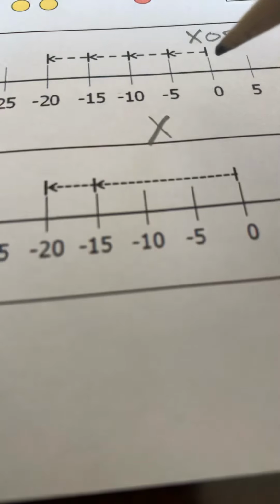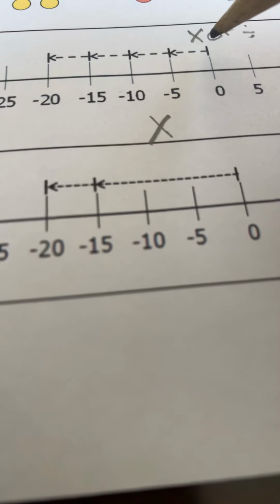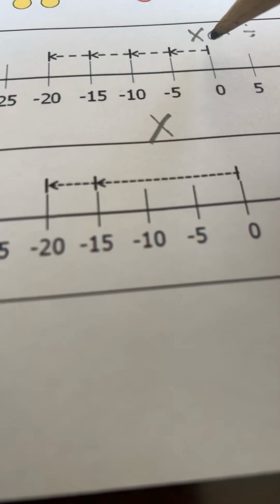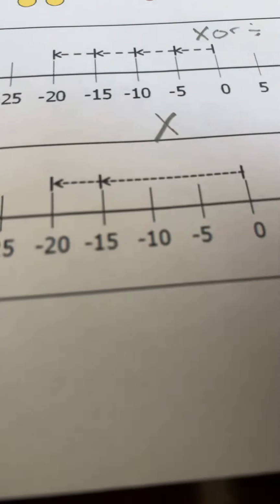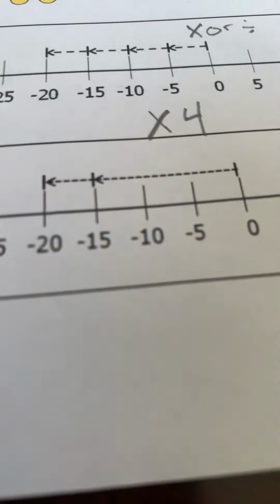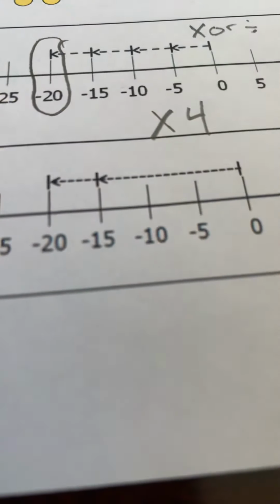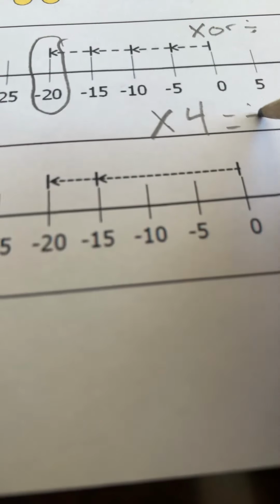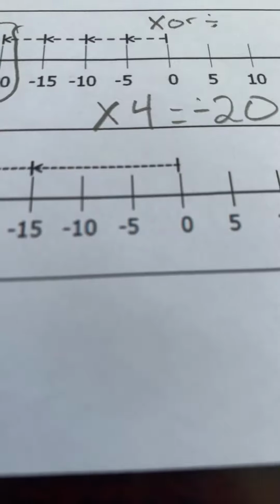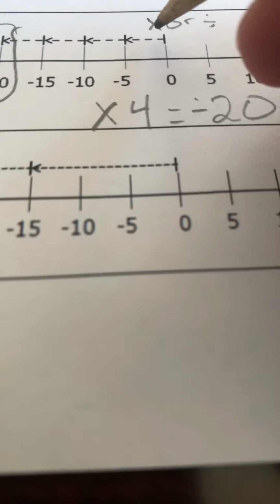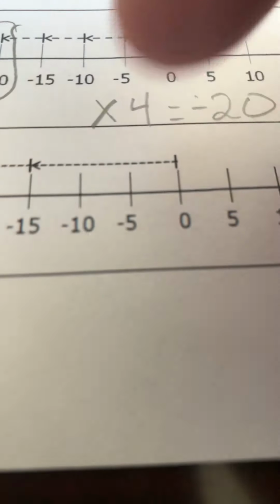And my jumps are always going to be positive. Okay? My jumps are always going to be positive. So I have 1 jump, 2 jumps, 3 jumps, 4 jumps. So I have times 4. I end at -20. So it's going to be equal to -20. And I start my jump at -5 because I'm counting by 5s, and I start here at -5.